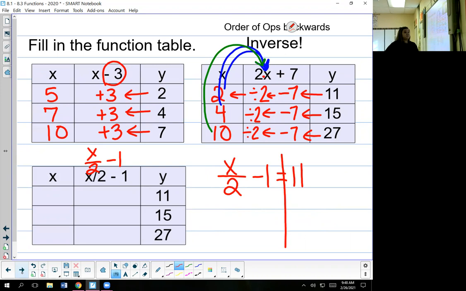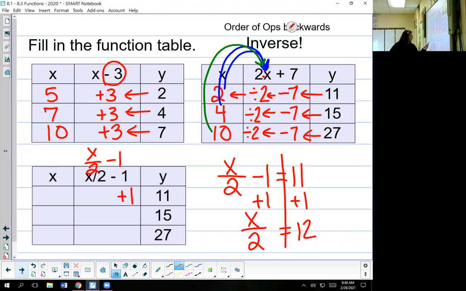So if I was to ask you to solve this equation, remember what we did before, we need to get rid of addition or subtraction first, because it's like the order of operations backwards. So I would add 1 on each side first, right? So if I add 1, that would be my first step. And then I have x cut in half equals 11 plus 1 is 12.